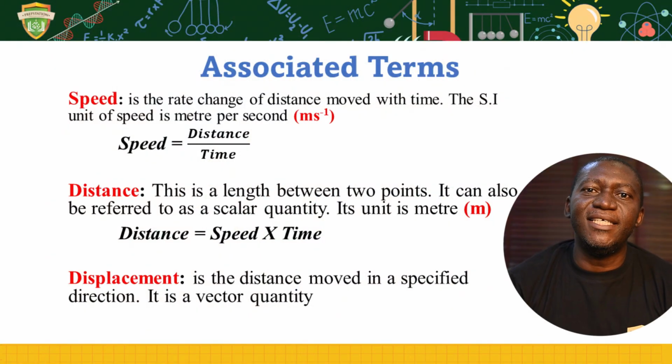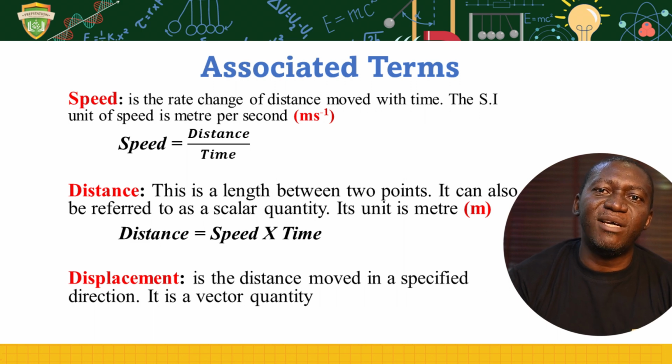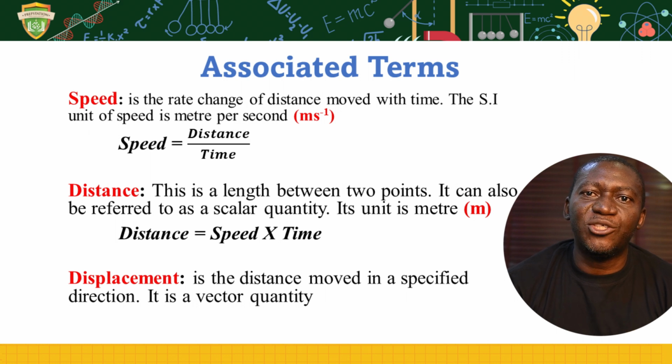Now, what is displacement? Displacement is distance moved in a specified or specific direction. Displacement is a vector quantity, while distance is a scalar quantity. A scalar quantity is a quantity that has only magnitude but no direction. But a vector quantity has both magnitude and direction.